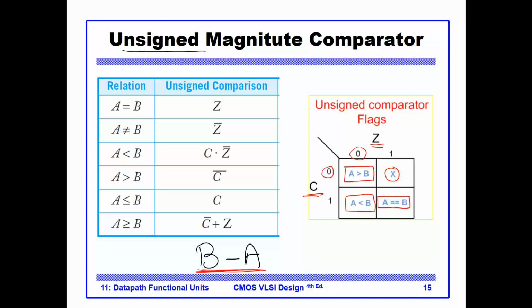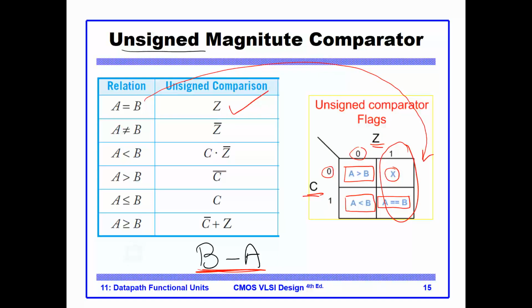Now we can use this never-exists case as a don't care. So if I want the equality of a and b, I can say, well, if I get a zero flag, then it means a equals b.